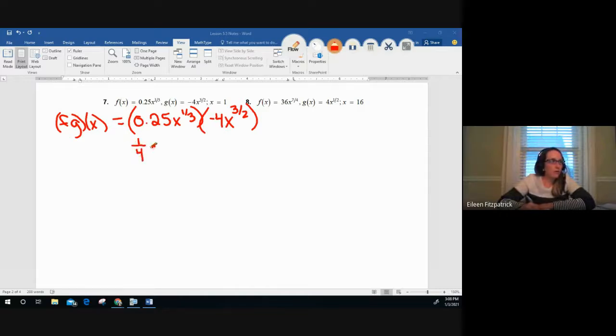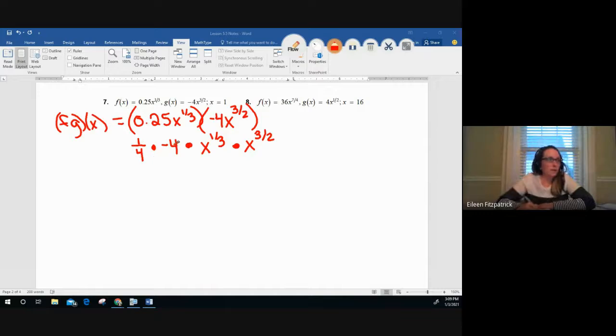So 1/4 times negative 4 times x to the 1/3 times x to the 3/2. That's the exact same thing, just I turned this into a fraction and I put the 1/4 and the negative 4 next to each other because they're going to be multiplied together. And then the variables, because they have the same base, and I'm multiplying, the rule is to add my exponents. So it just makes it a little bit easier to look at.